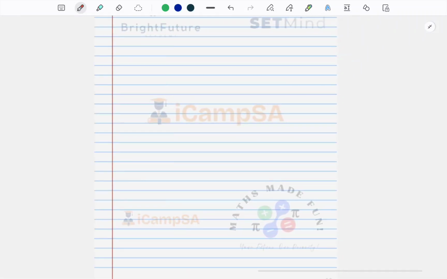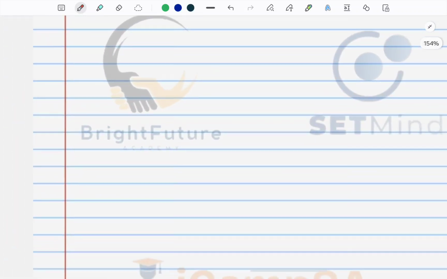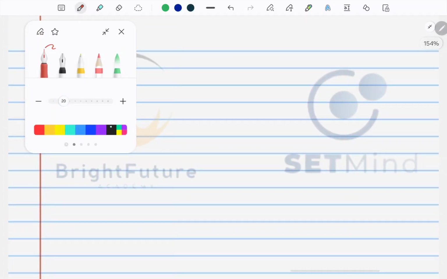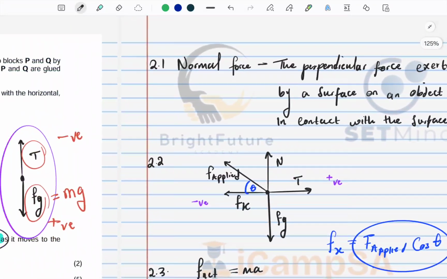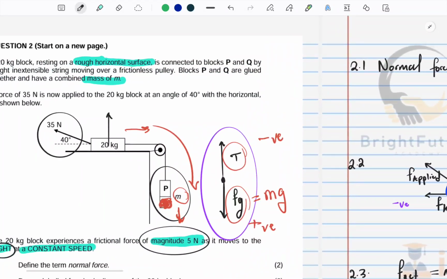So now let's go to the next page and see. For 2.4.1, we're talking about tension here. If we decrease the weight, what's going to happen to tension? We're reducing this weight here. Think of it in terms of a string.